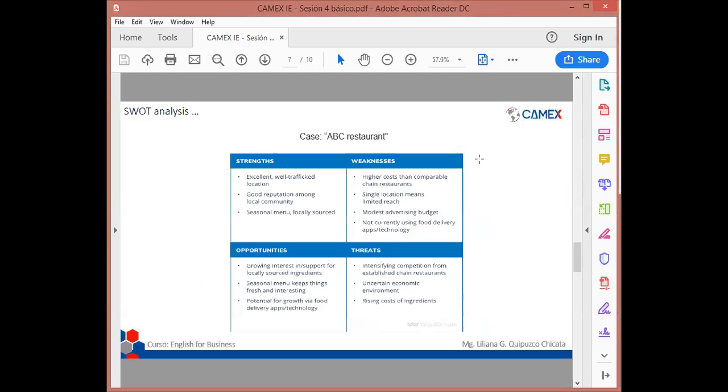In this case, maybe we have just a small amount of budget just to put our name out front, but it will be a weakness if we compare it to another restaurant that has the money and invests it in, let's say, making flyers or putting their logos in local magazines, or also investing in a community manager to make a Facebook and an Instagram in order to get more people to the restaurant.